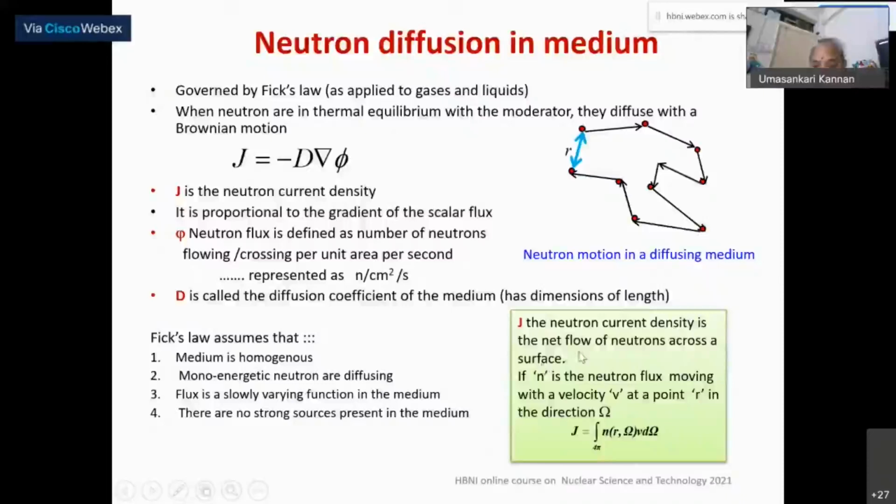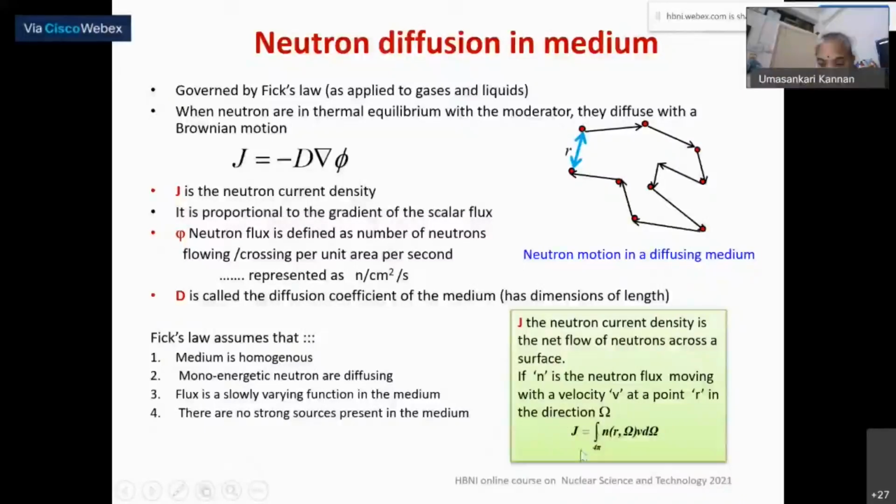So the net flow of neutrons across a surface is called the neutron current density, and it is defined as N into V, where V is the velocity. Because we take direction into account, I have put the variable omega here. So neutron density is a function of both r and omega, and then if you multiply it by the velocity, you get the current density.